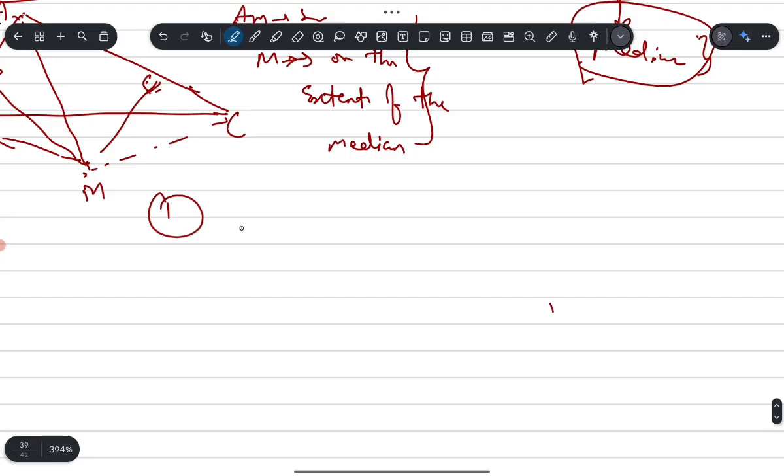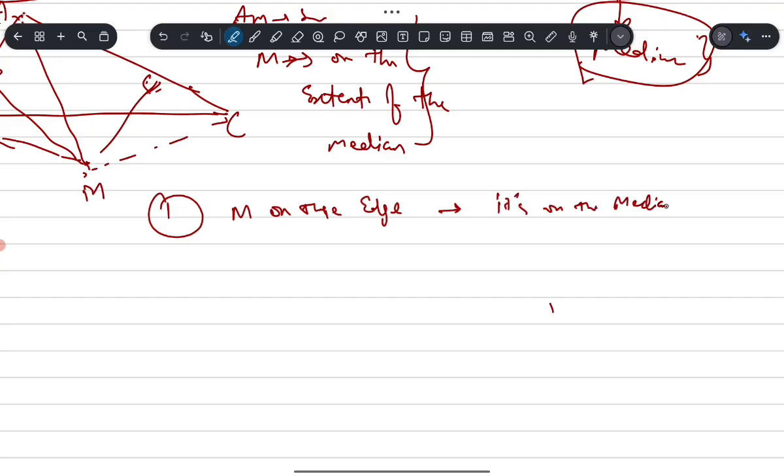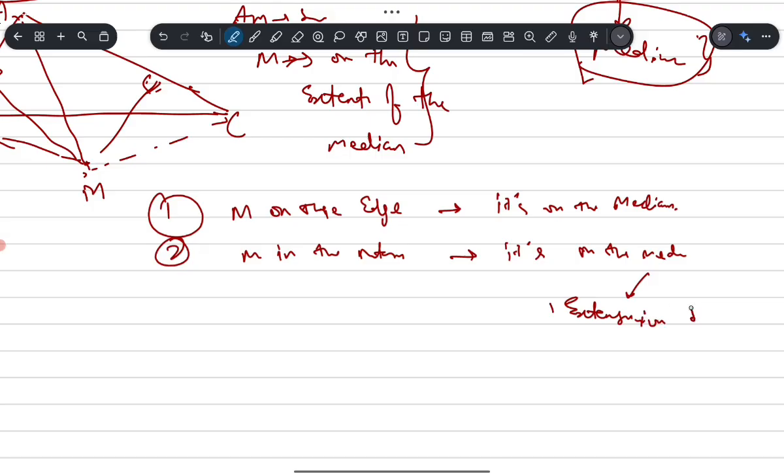So three cases we discussed. First one, M on the edge. What did we conclude? It's on the median. Second, M in the interior. It's still on the median, and not only in the interior part of the median, on the extension as well. So this becomes the first subcase of the third problem as well: extension of the median.